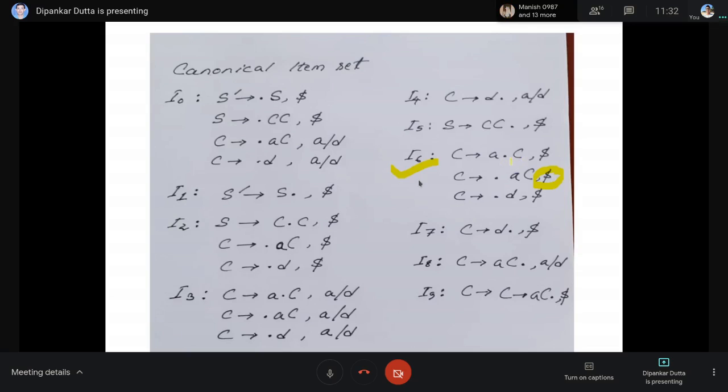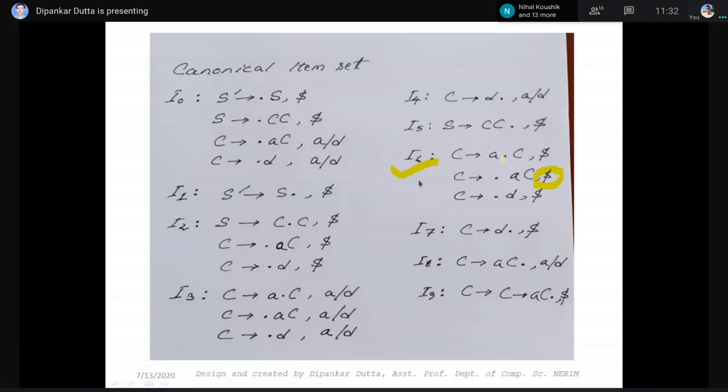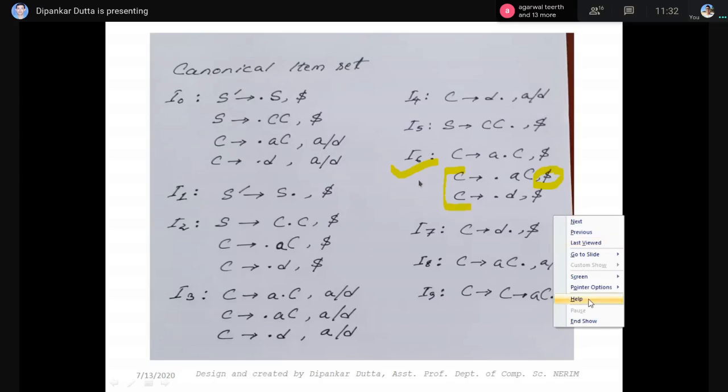So for C we have to compute closures. We did it. These two are the closure set. Closure part is finished here.